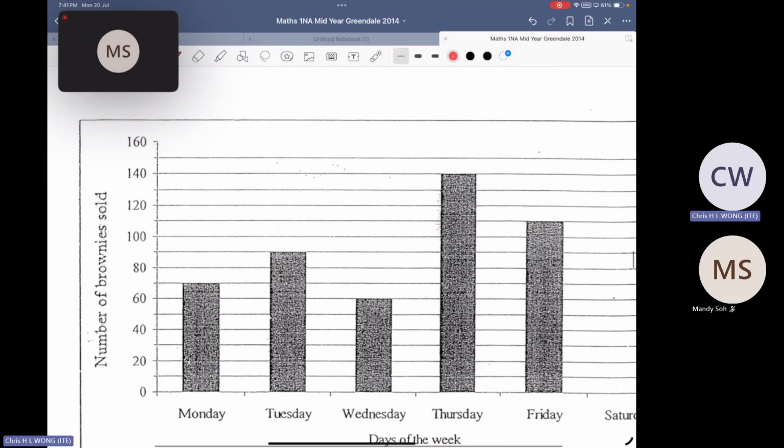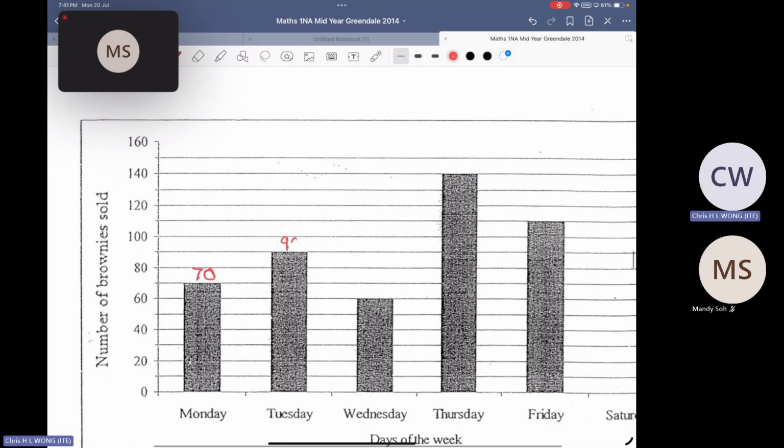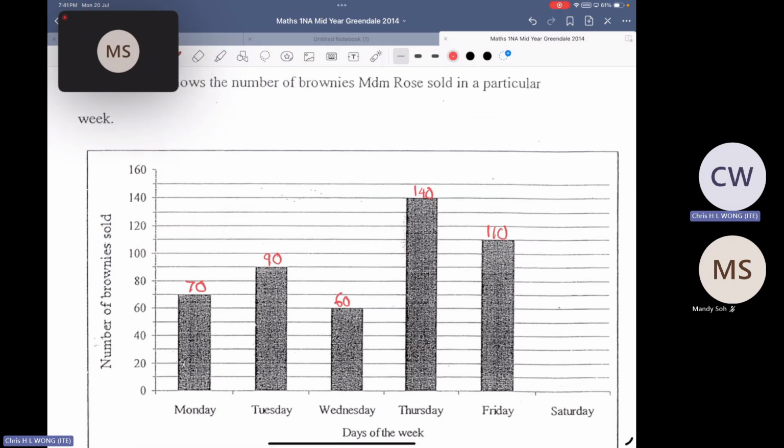Monday, how many? 70, you're right. Tuesday, 90. Yeah, make sure you write it down the moment you see a graph like that. Wednesday, 60. Thursday, 140, right? Very clear there. And the last one is 110. Okay. Saturday, nothing. We decide later. You tell me later.